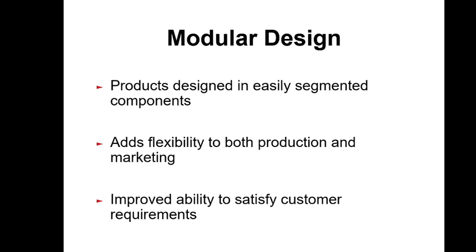Again, IKEA: it's easy to market furniture, and you can shop easily and buy small parts or components, then assemble it yourself. Some companies make electric fans this way also. You buy the electric fan in parts, then you can assemble it. So it's easy to market and easy to produce at the same time.